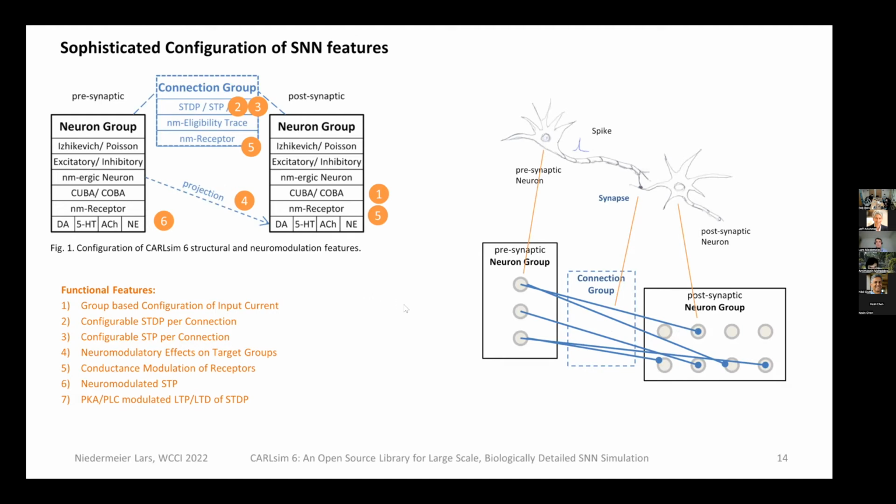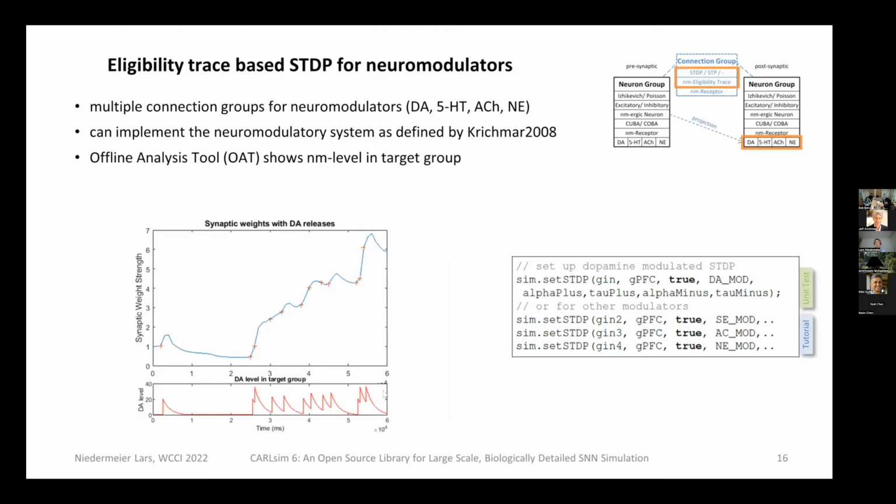And this also coincides with the excitatory eligibility trace type of neuromodulated STDP, or are those configured separately, though, right? Yeah, exactly. You can decide either one or the other.